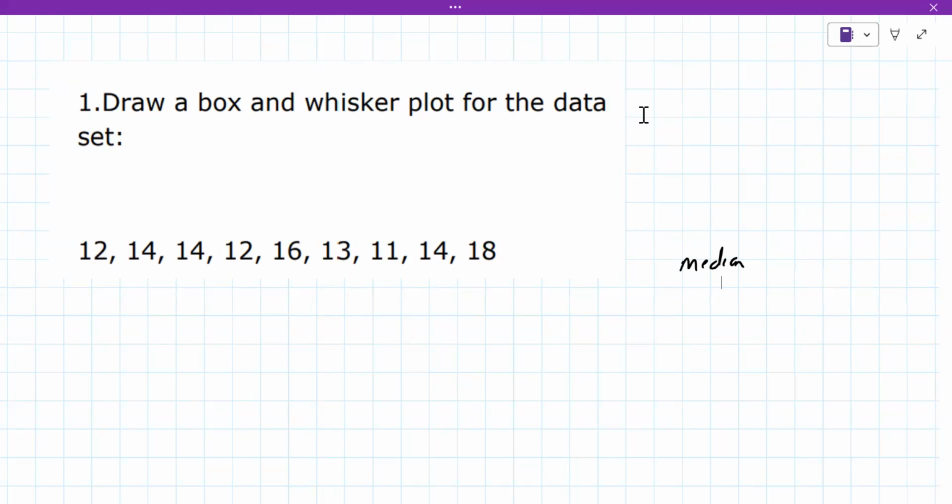Uh, 14. Yes. Okay, so you say the median is 14, and I heard that you're putting this in order, which is really good to do.